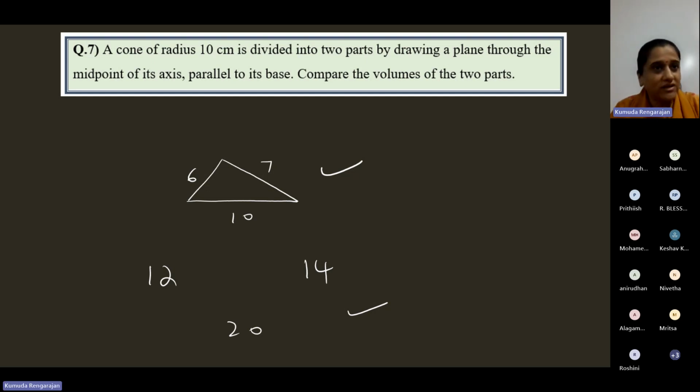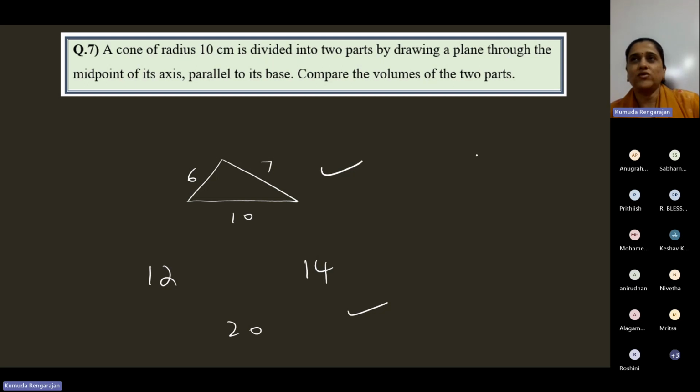But the angles will be the same. The angles will not be doubled, otherwise the angle sum property will go out of order. Angles will be the same.